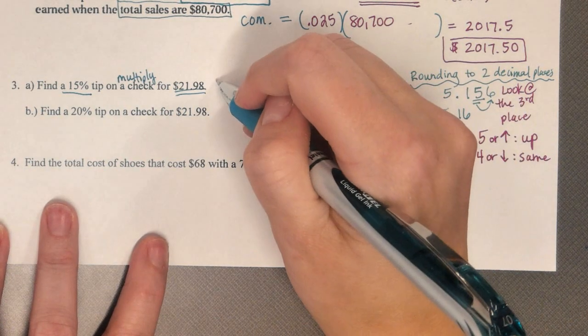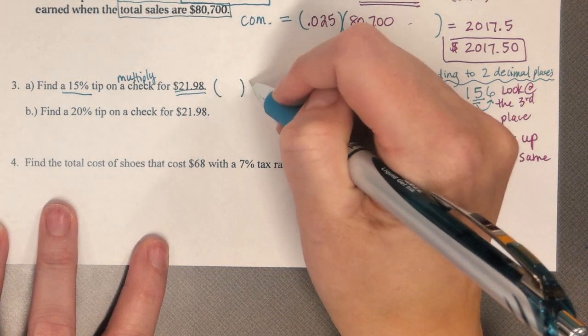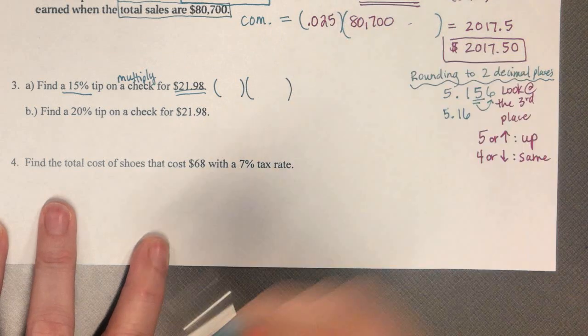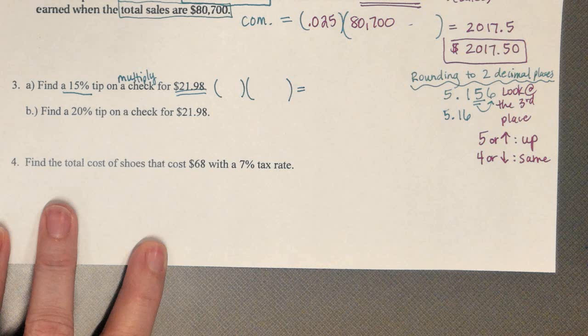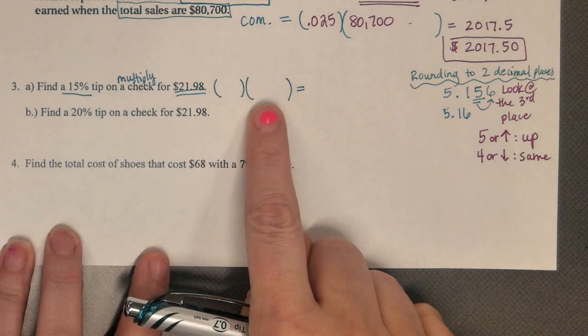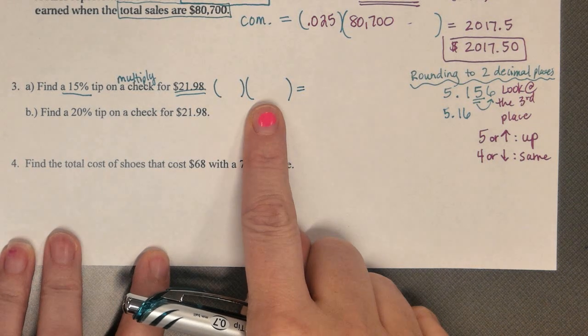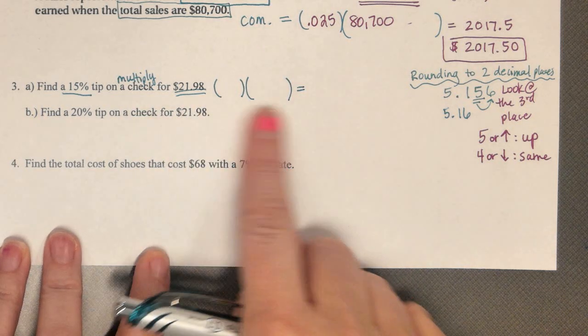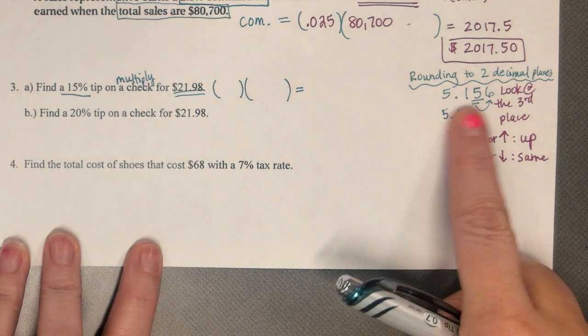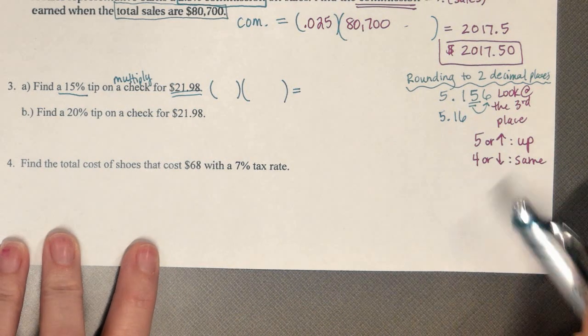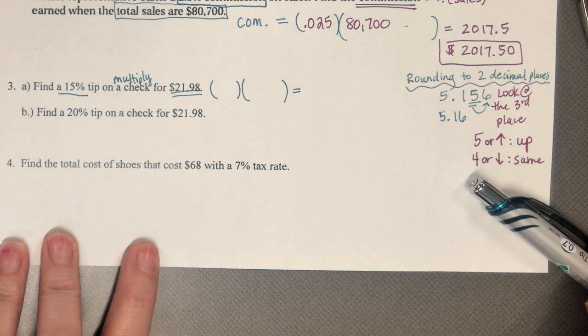So you're going to write 15% as a decimal, put in the money, and then we're going to round that together. Multiply, and just write out, again, the 3 decimal places, and we'll round together. Does that sound like a good idea?